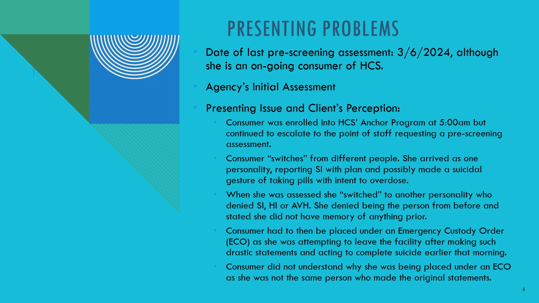She's not suicidal, she's not homicidal, she's not anything. She wants to go home. She did not remember coming to the crisis center. And due to this, she was placed under an ECO because she was attempting to leave after making the drastic statements of wanting to harm herself when she initially arrived. She does not understand that the same physical body that came to the crisis center is who she is now, and that's why we were concerned, even though she was not identifying as that person.